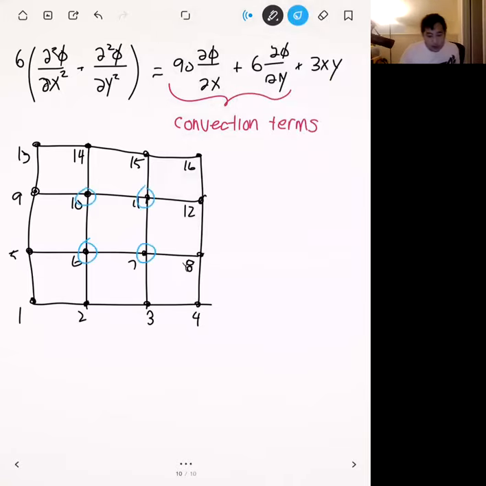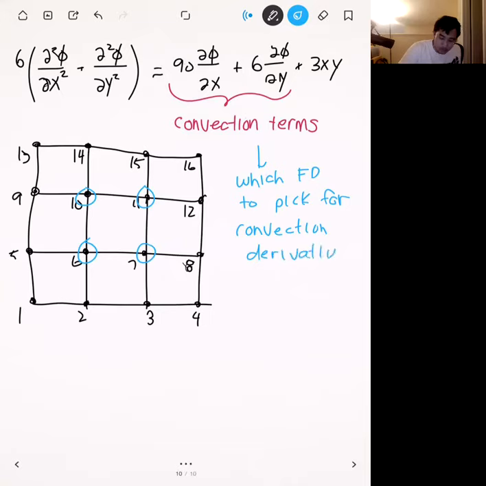The first decision you're going to have to make is which finite difference scheme you're going to pick for the convection derivatives. And actually, to make this interesting, let's make this a minus 90.